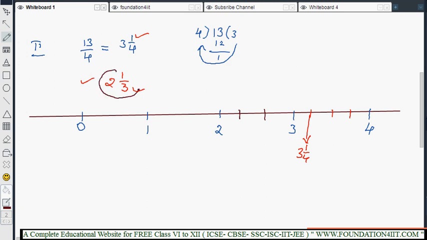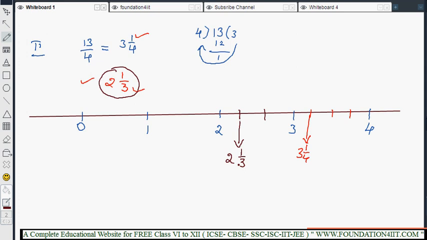So if you represent 2 1 by 3, it's after 2. 1 by 3 means the first part. Now this is 2 1 by 3. This is the way: if any improper fraction is given, convert it into a mixed fraction and then represent it on the number line. If a mixed fraction is given in the question, we can directly make it.